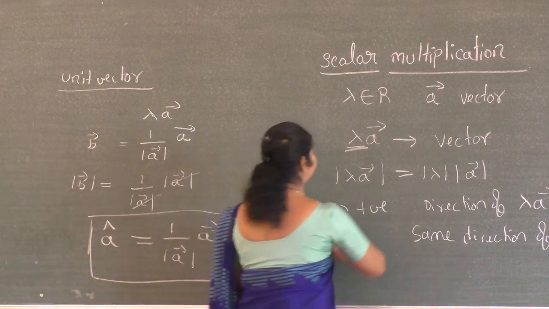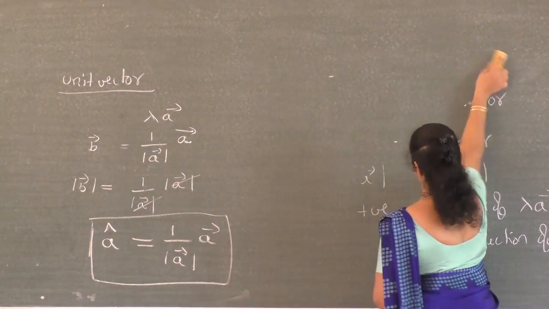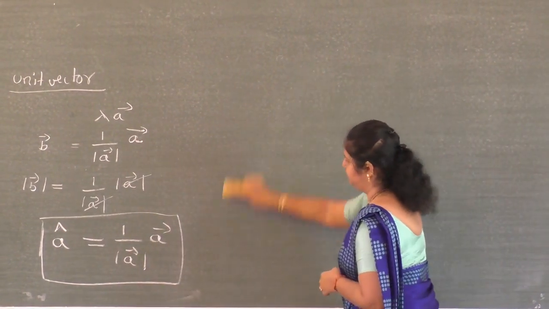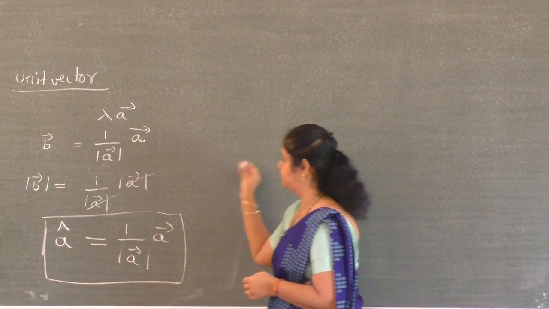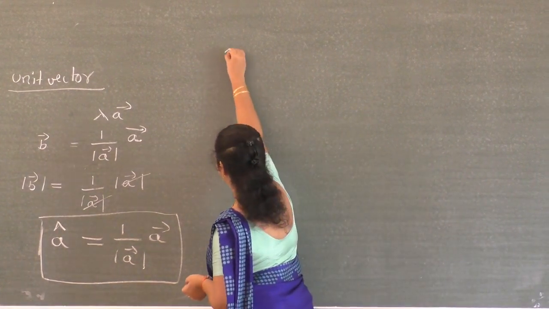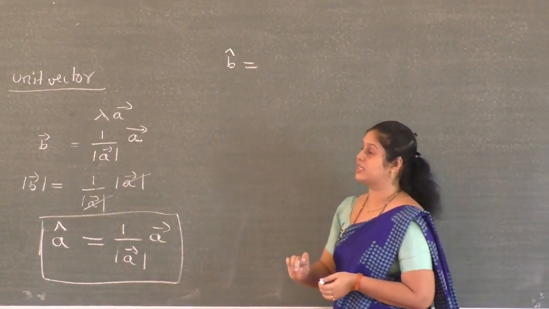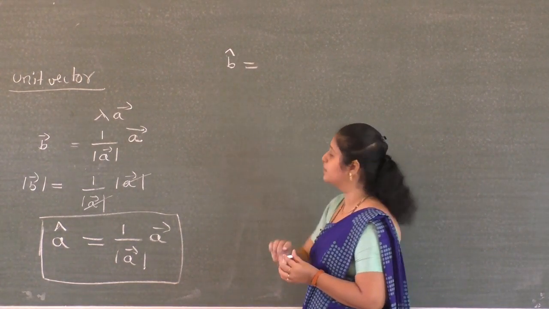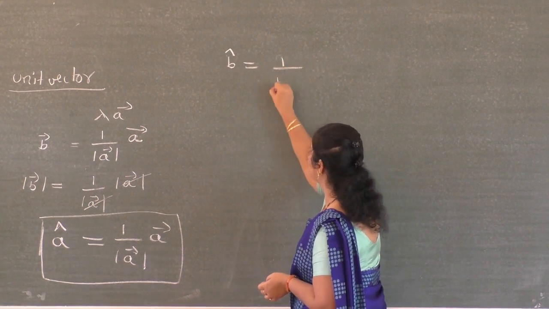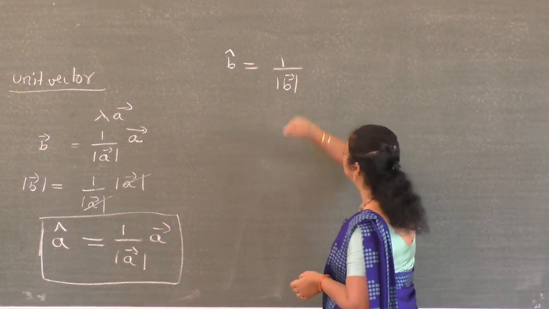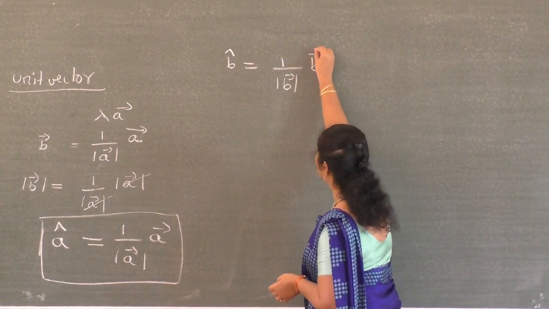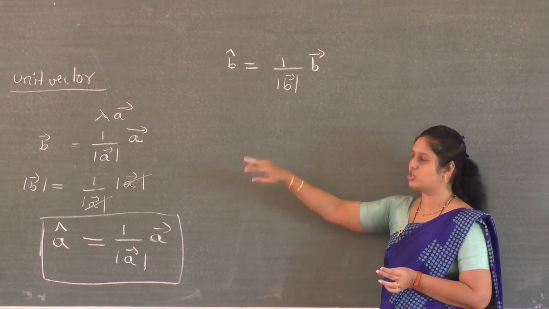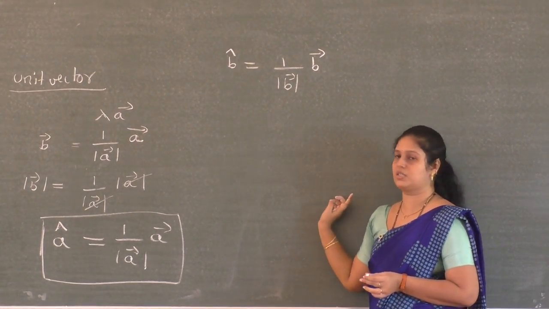Similarly, B cap means a unit vector in the direction of vector B, which is 1 by magnitude of vector B into vector B. Similarly we can write C cap. Those all represent unit vectors.